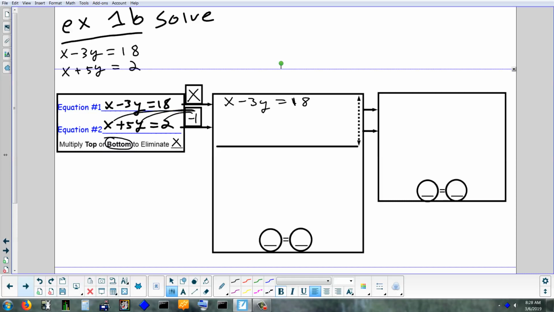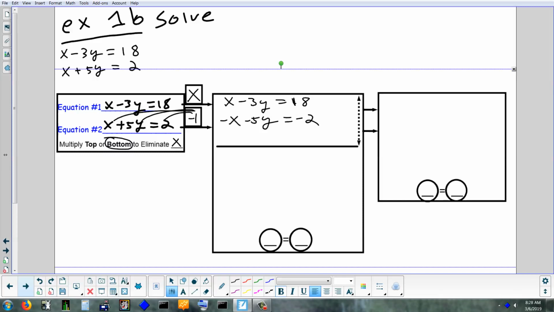Multiply -1 times 2 is a -2. Everything. Yep. -1 times 5y is -5y. Okay, that's the set. Let's go right in order. X would just be -x. Negative x, and then -2.